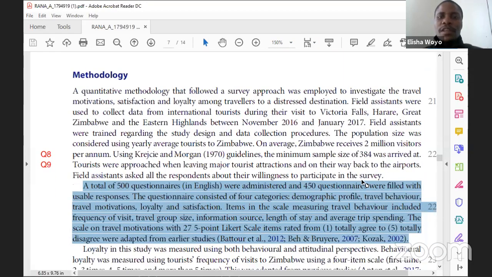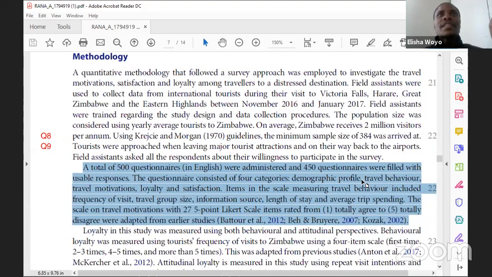You would find that in this study, a total of 500 questionnaires were distributed, and I took care to indicate to my audience that these questionnaires were in English. They were administered, and as a result, I got 450 of them filled back with usable responses.